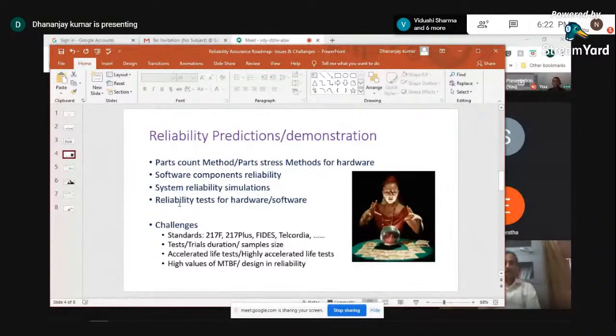Then the next challenge becomes how do you test the product? Since currently, as we discussed, the products have very high reliability, if you test it, it will not fail. And if you try to make it fail, then basically you are not stimulating the failure mechanisms that will happen in reality.